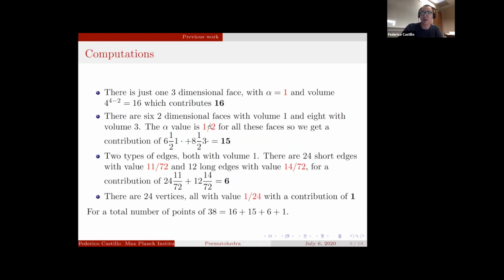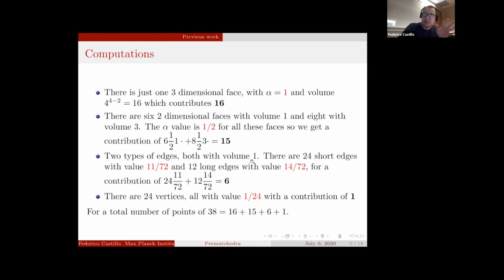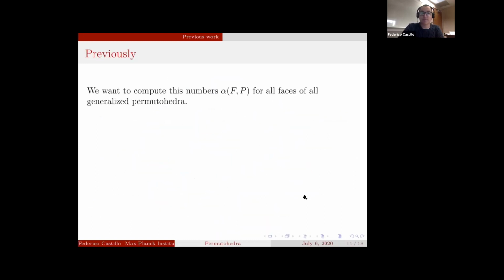This alpha is 1/2 in this case. And the edges, there are 2 types of edges, roughly speaking, a short one and a long one. And they all have relative volume 1, but their alphas are these mysterious quantities 11/72 and 14/72. And this is what we want to understand at the end of the day: what are these alphas? How do we compute them? What can we say about them?